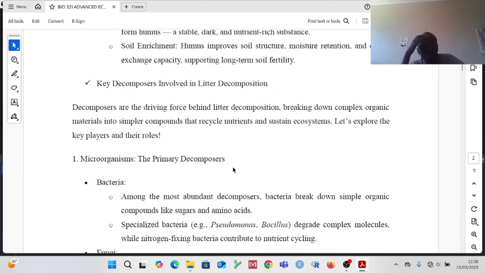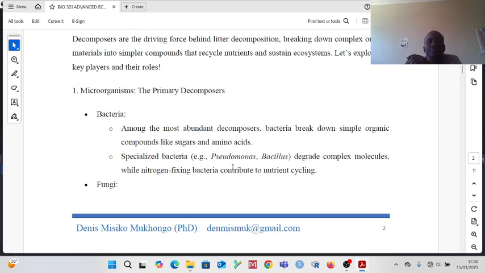So the key decomposers, the key microorganisms involved in litter decomposition. One, you have the microorganisms, which are the primary decomposers. You are talking of bacteria, for example. These are among the most abundant decomposers, and they help to break down simple organic compounds, things like sugars, amino acids.